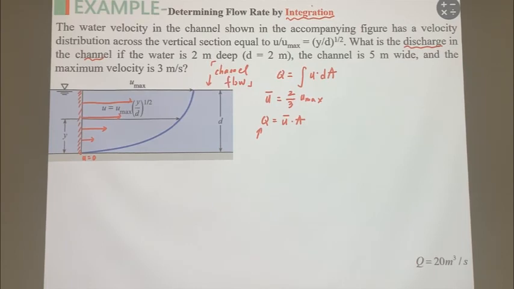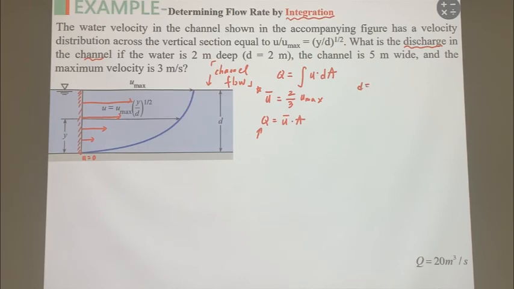So even though the question tells me to solve it by the integration operator, I already know that the U mean value is equal to 3/2 U max, right? And if we have the mean velocity, multiply by the total area, and then we can calculate the discharge very quickly. Okay, so following the question, what do we have?